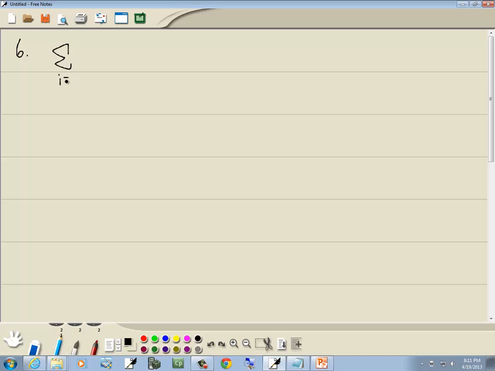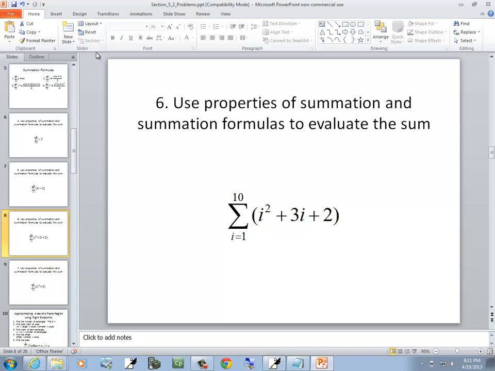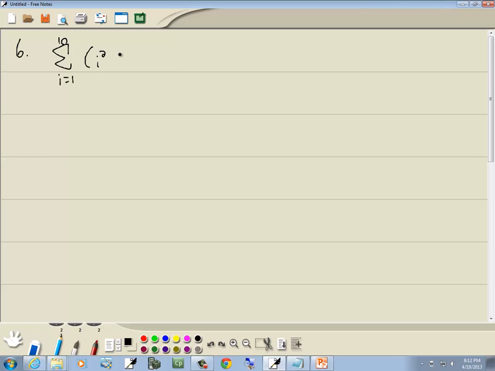Okay, we got i equals 1 to 10 of i squared plus 3i plus 2. Well, our summation property says we can split this into separate summations.